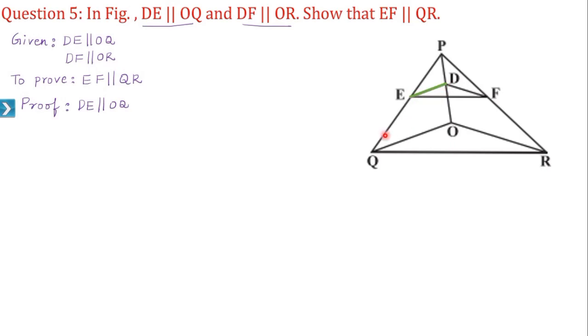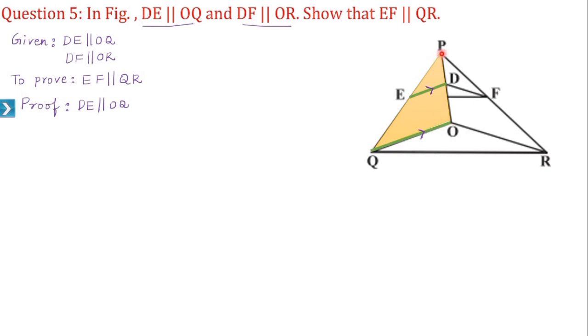DE is parallel to OQ, that is in triangle PQO. Now you have to concentrate on the triangle PQO and write the ratio of the sides.